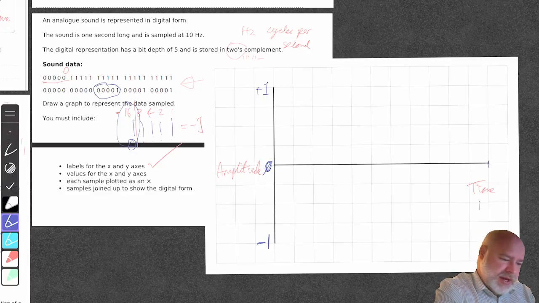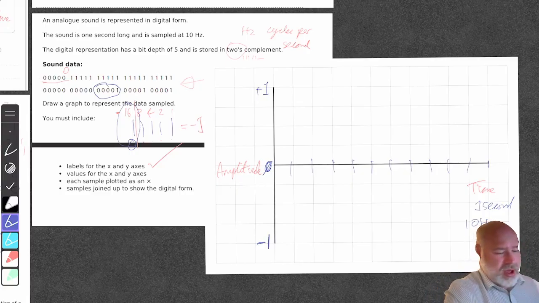we've got 1 second. So let's divide it up into 10 things. Just 1, 2, 3, 4, 5, 6, 7, 8, 9, 10. All right, so because it said it's 10 hertz. So that means 1 hertz is a cycle per second, 10 hertz, so it's 10 cycles in that second.